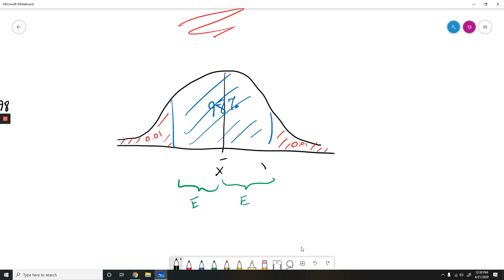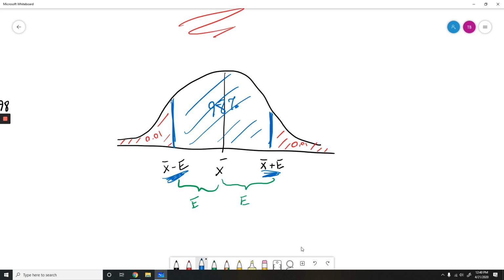So this is going to be x bar plus e, and x bar minus e. That's going to give me the edges of my confidence interval. So I'd be 98% confident in this case that the true population mean is between these two values.